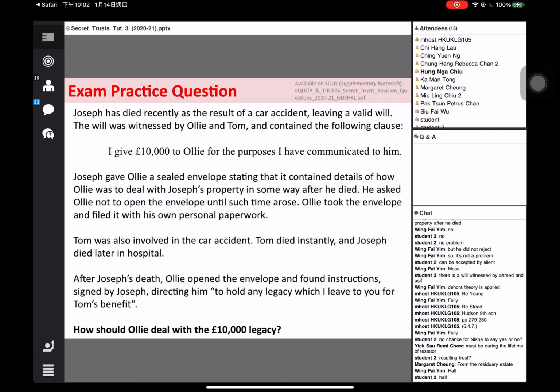has Ollie agreed to hold the property on these terms? Has Ollie agreed to do that?